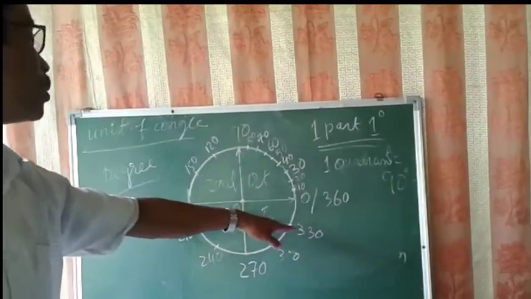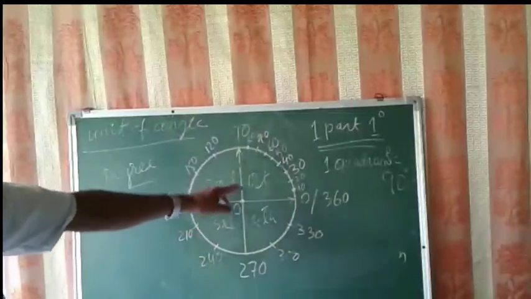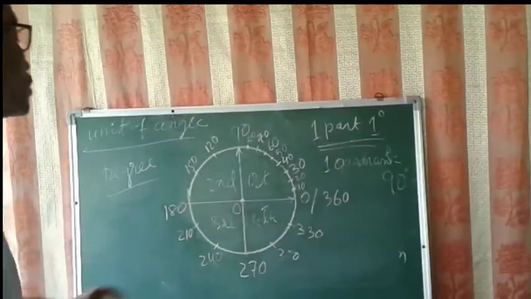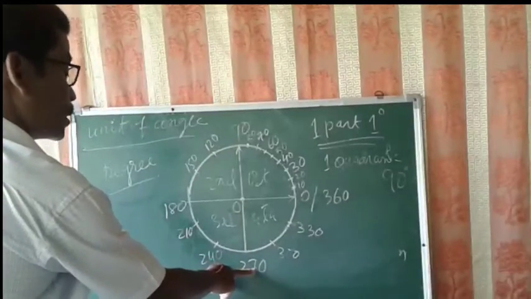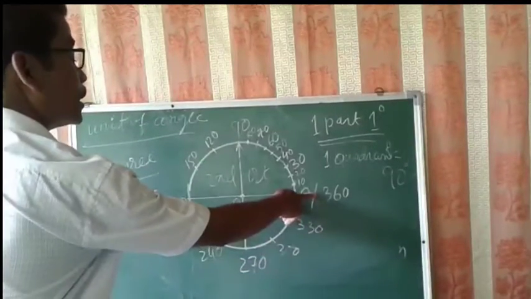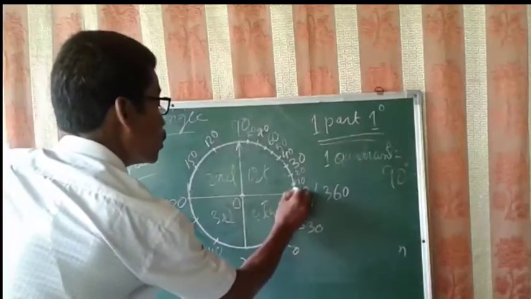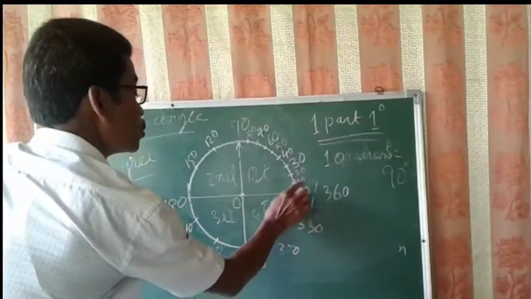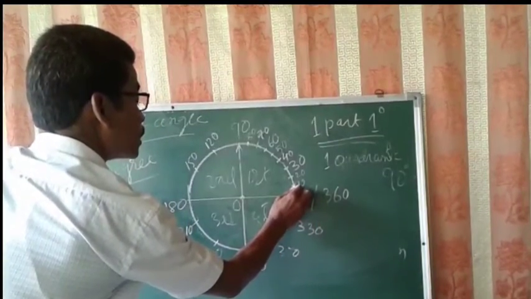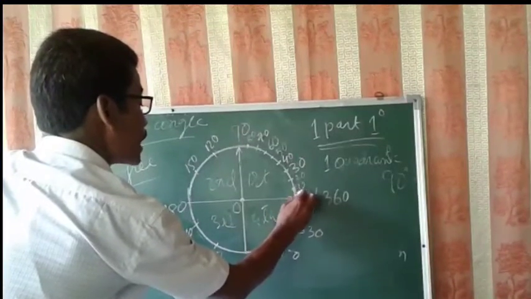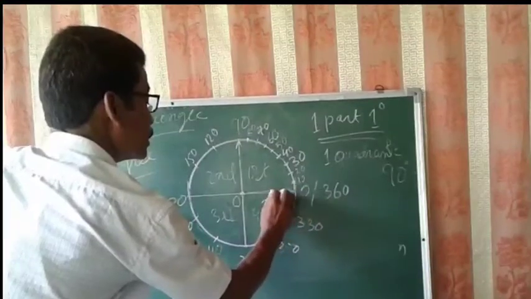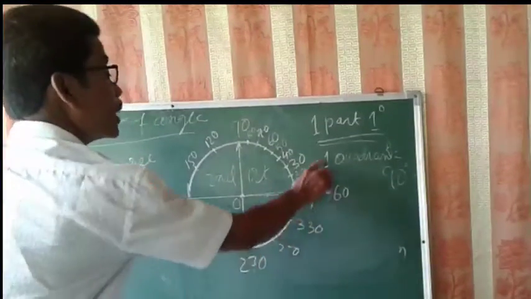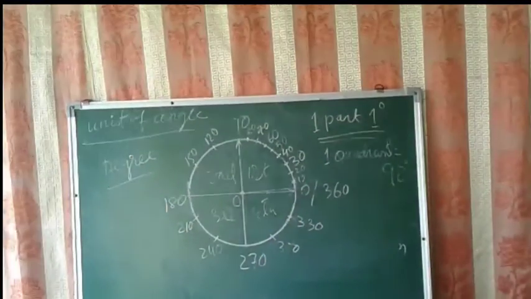Just like in all circles, when we divide, here is 180 degrees, 270 degrees, and here 360 degrees. So this amount of angle is known as 1 degree.